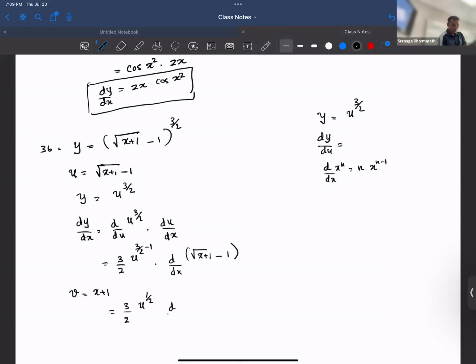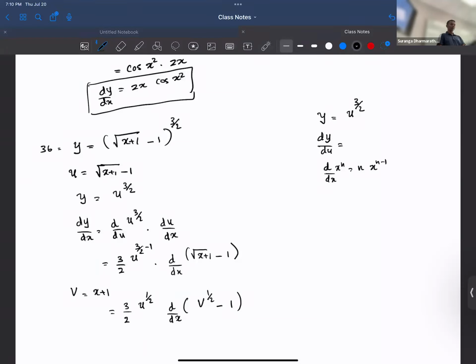d over dx of v to the power half. Let me write v in this way, otherwise it will be difficult for you. v to the power half minus 1.